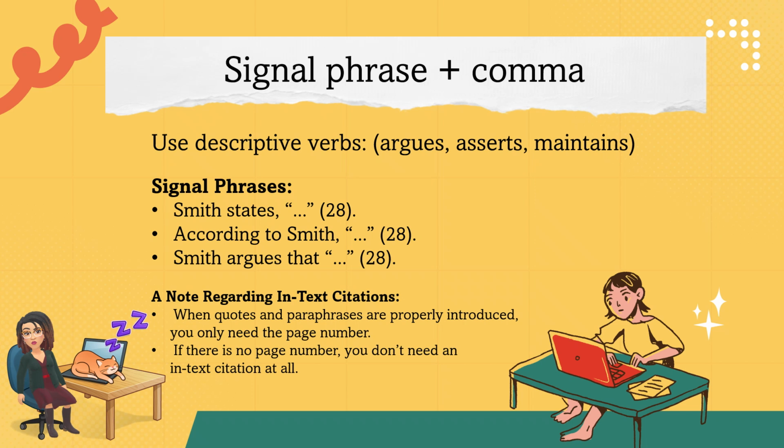Here's an example of a signal phrase with a comma. Signal phrases use descriptive verbs like argues, asserts, and maintains. Pause here and read.